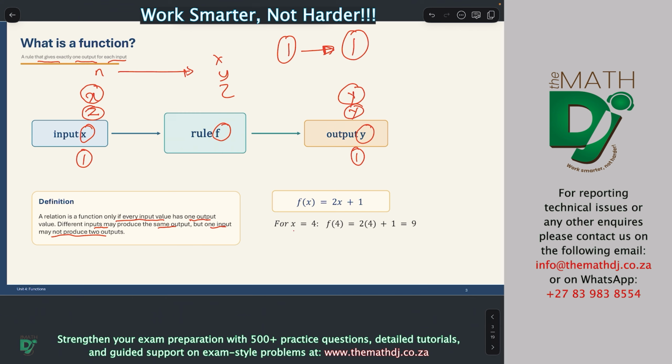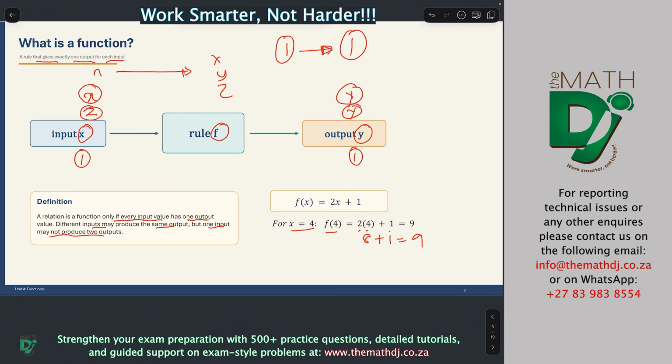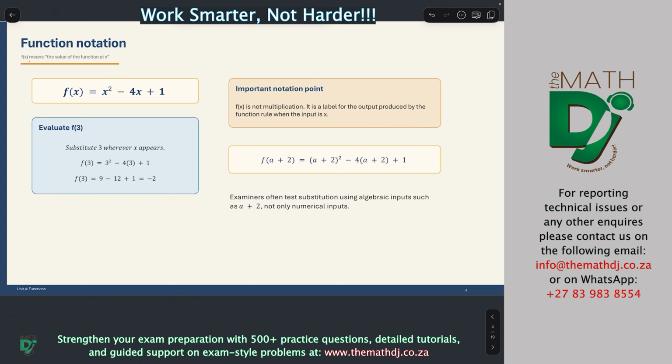So the example that I've already given you, f(x) = 2x + 1. If x is equal to 4, then f(4) is 2 times 4 plus 1. So it becomes 8 plus 1, which is equal to 9. So this is how you solve. We have already covered substitution and all those things in the previous unit.